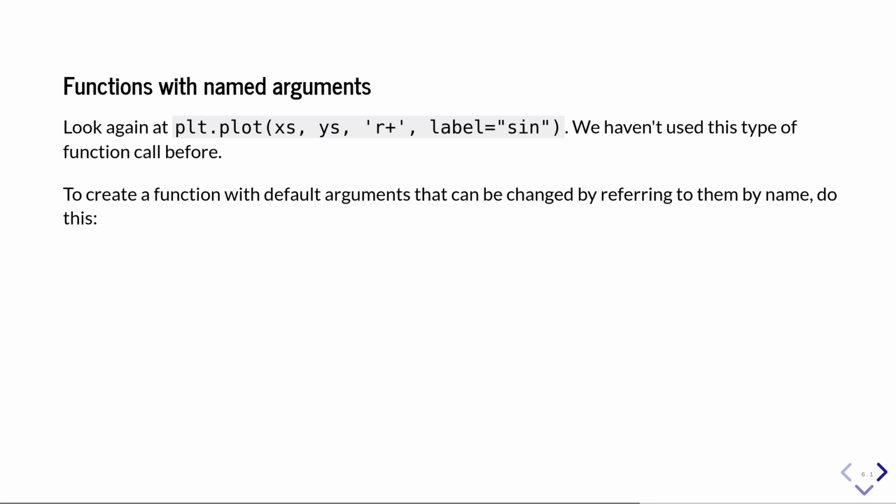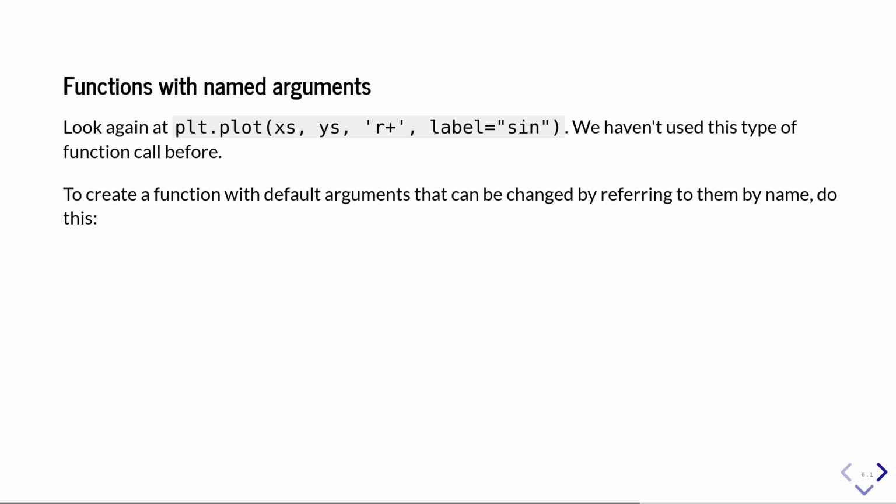That can be useful when your function is very complicated and takes a lot of arguments. So plt.plot, for example, has many different arguments you could specify. I forget how many exactly, but there must be 10 or 15. If you had to write down all of those, 15 different arguments every time you called plt.plot, it wouldn't be a very useful function. It would be very painful to use.